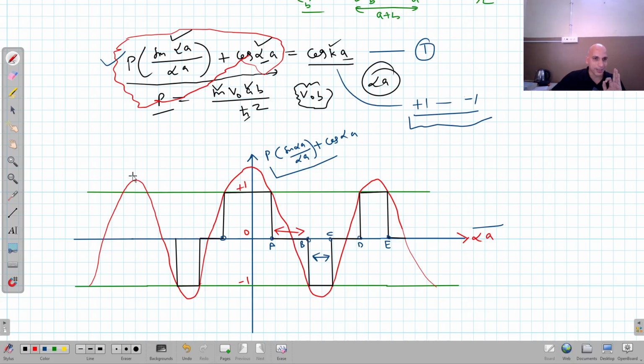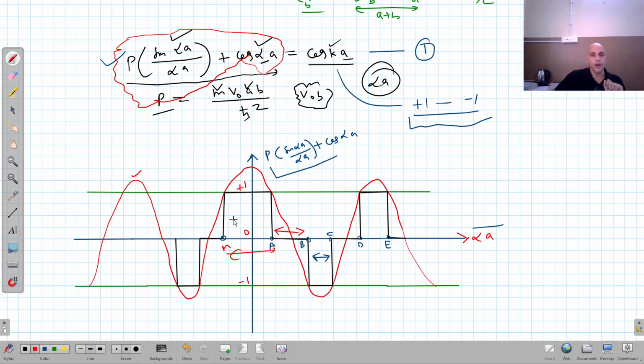You can see this red line graph. It is representing the plot of this whole term versus alpha a. But only those values are allowed which lie between these two lines, plus 1 and minus 1. So when we look at this graph, you can see here that this region from O to A is going above plus 1.